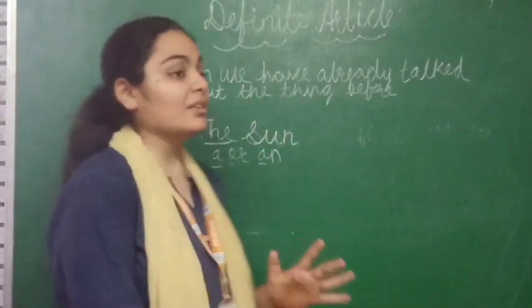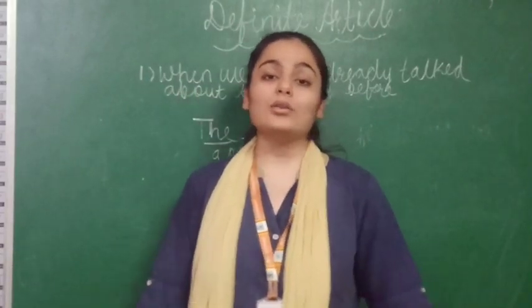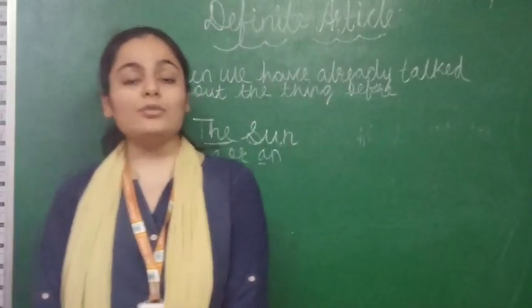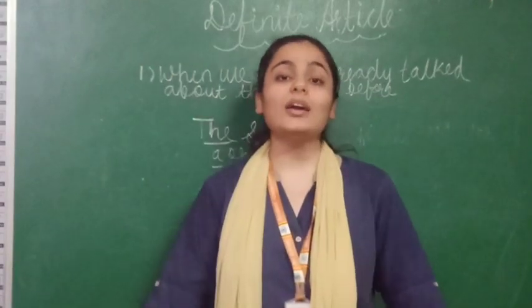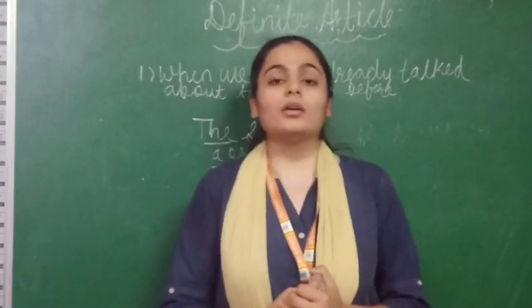Like now I am saying Nilgiri Hills. The Nilgiri Hills are only one, so what am I writing? The Nilgiri Hills, the Indian Ocean. Like Arabian Sea, the Arabian Sea.